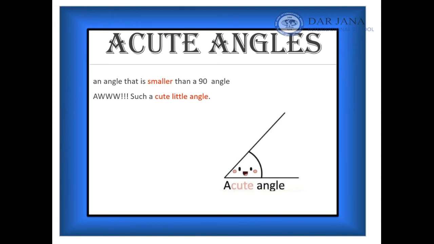If you have a look at this drawing, this is an acute angle. If it was a right angle, it would be like this, having the perfect square here, but see, its opening is less than the right angle, so I'm going to call it an acute angle.